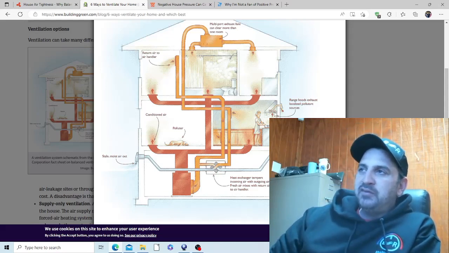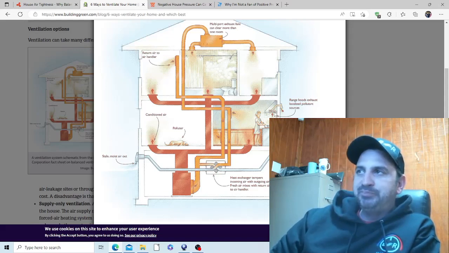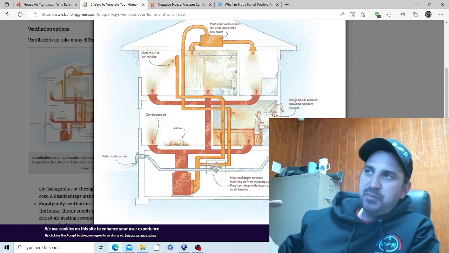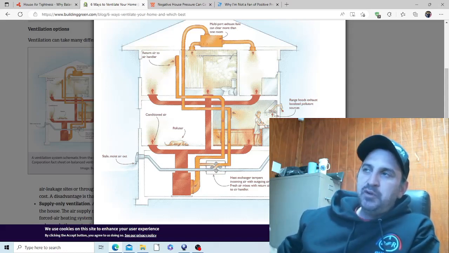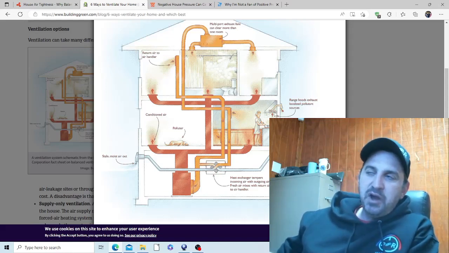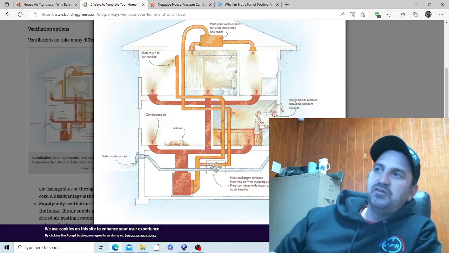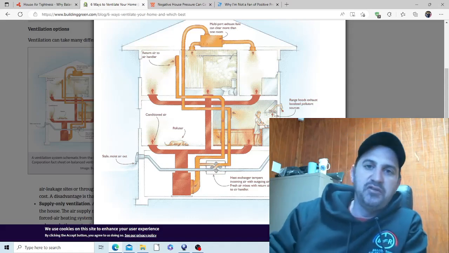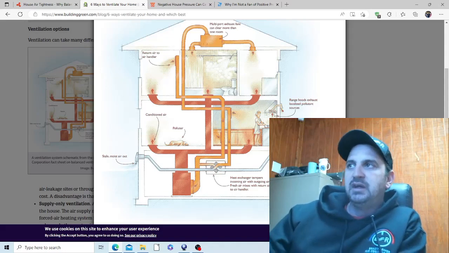A couple of things that we're trying to do to offset this problem of having your bathroom and kitchen fans and needing people to remember to turn them on and use them, that way that smell or that humidity or whatever doesn't stay in your house, while still making sure that your fresh air machine is bringing in air to offset them in case it was outside of the normal operation of it.